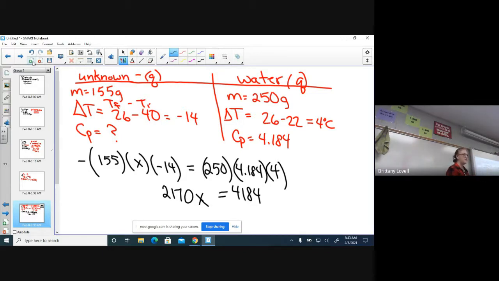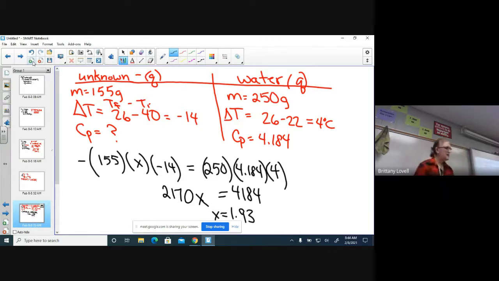Yeah, divide both sides by 2170. And you end up with x equals 1.93, which I'm going to round to 1.93.